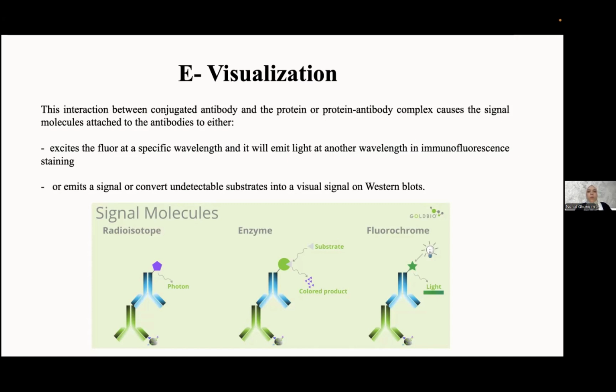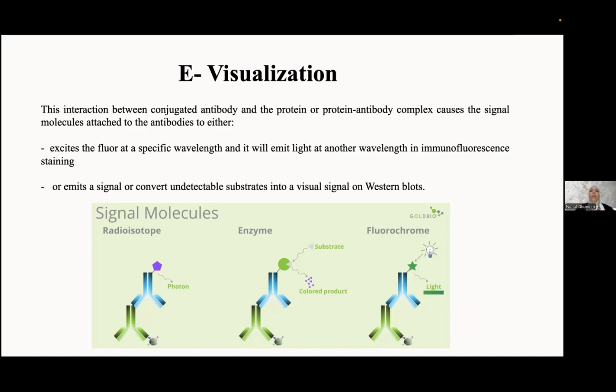For visualization, this step includes the interaction between conjugated antibodies, primary or secondary, and the protein or the protein-antibody complex. It causes a signal molecule attached to the antibody to either excite, in the case of immunofluorescence, the fluorophore at a specific wavelength, and it will emit light at another wavelength.